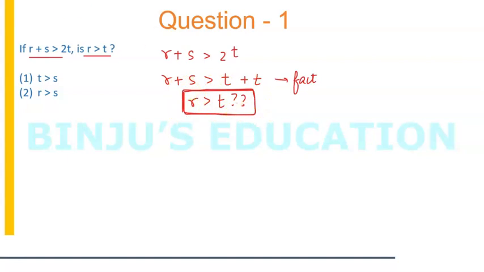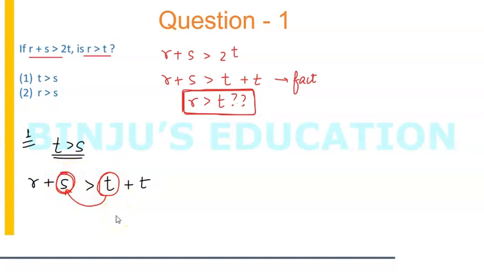Okay. Now, statement number one says that t is greater than s. Now, given the fact that r plus s is greater than t plus t, and this value t is greater than this s.